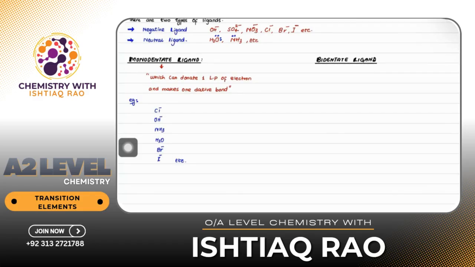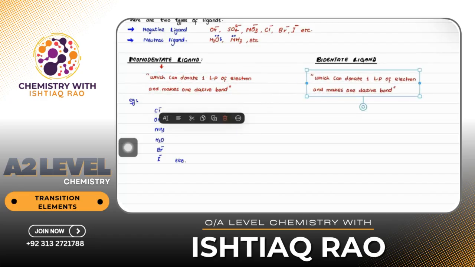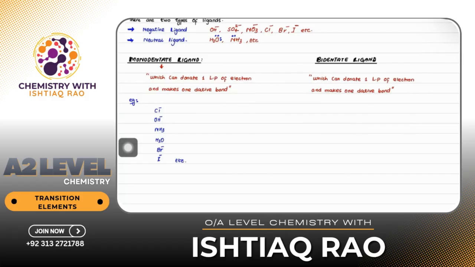Same definition, but which can donate two lone pair of electrons rather than one and makes two dative bonds. And makes how many dative bonds? Two dative bonds, right? So this is all about the bidentate ligand.